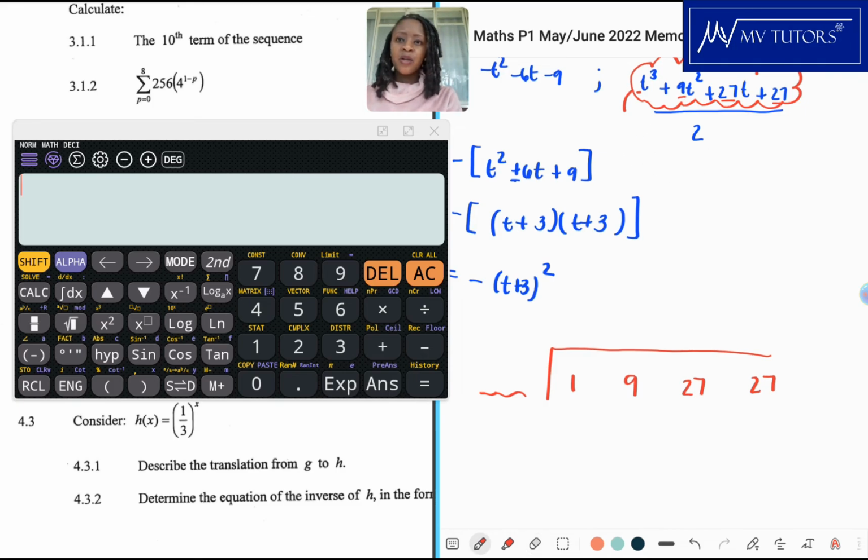So 1 doesn't work. I don't think -1 will work either. So I'm going to go to 3 and see: 3 cubed, plus 9 times 3 squared, plus 27 times 3. Already this is a big number, so it can't be 3. So let me try -3.